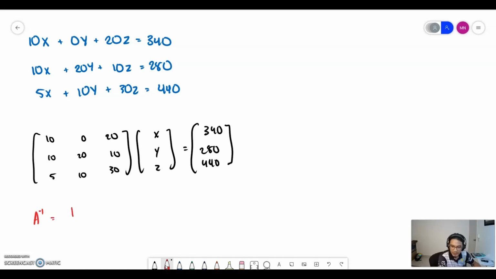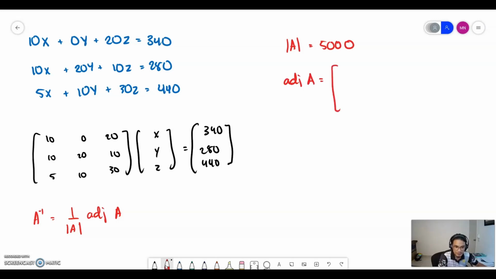So in order to find the A inverse, it requires determinant and adjoint of matrix A. So the determinant of matrix A is equal to 5000, and the adjoint of matrix A is equal to 500, 200, negative 400, negative 250, 200, 100, 0, negative 100, and 200.